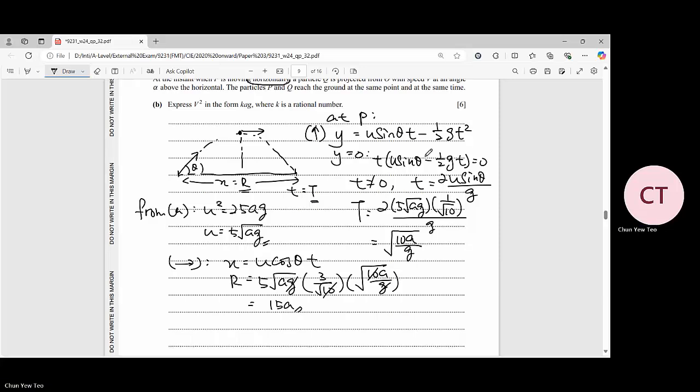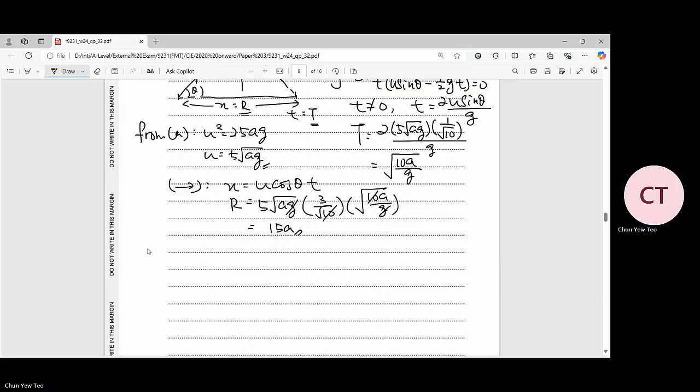Okay, so now we consider the Q. The horizontal displacement for the Q is v cos alpha t.